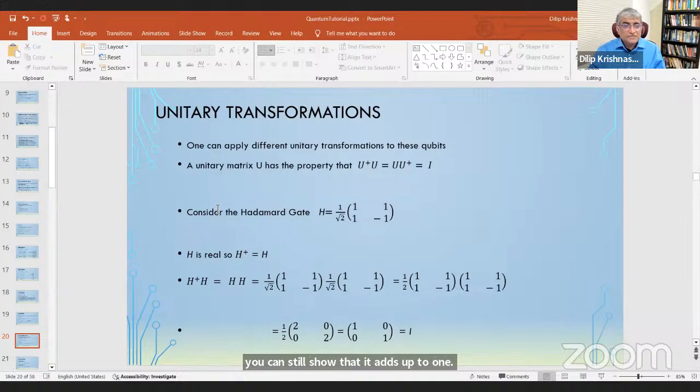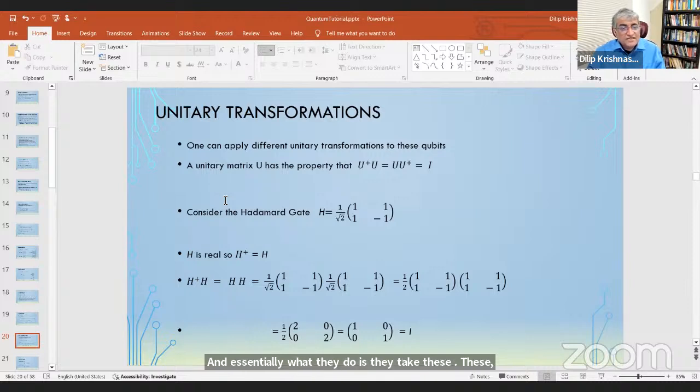And you must have heard a lot of talk about gate-based quantum computers. Essentially what they do is they take these column vectors and transform them.